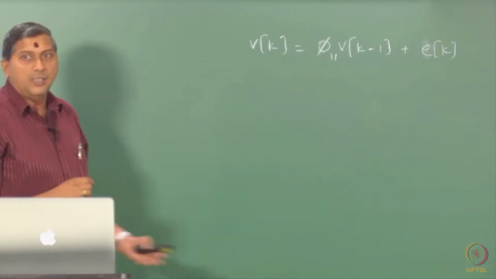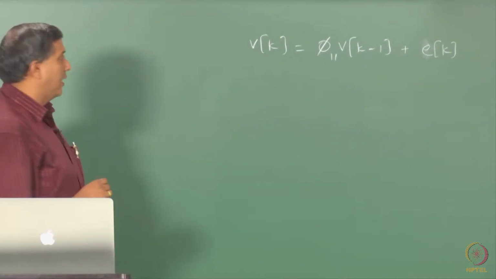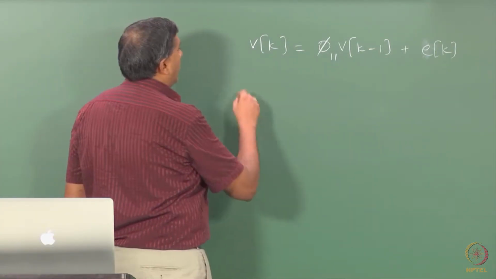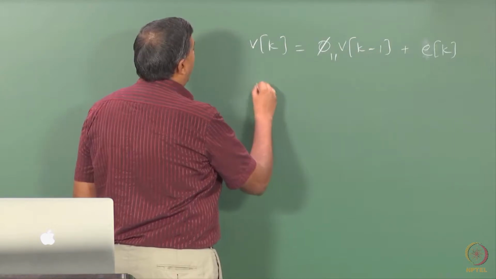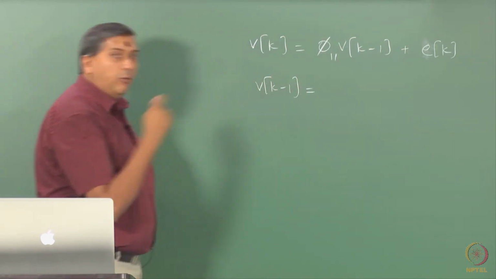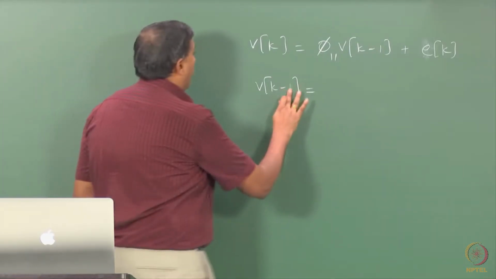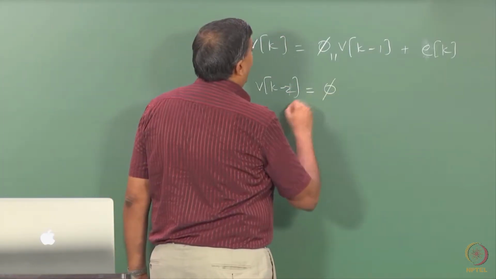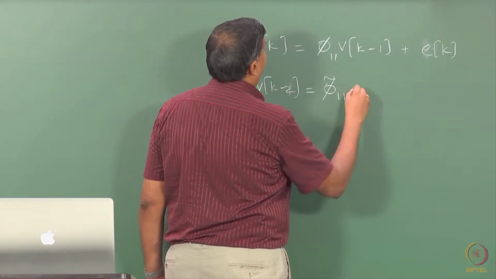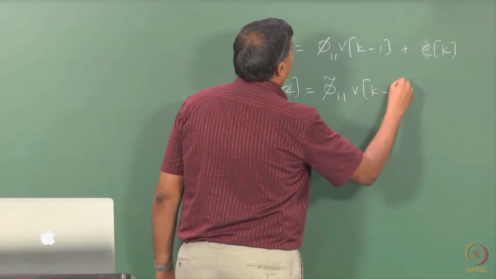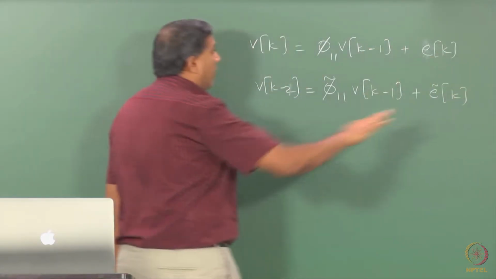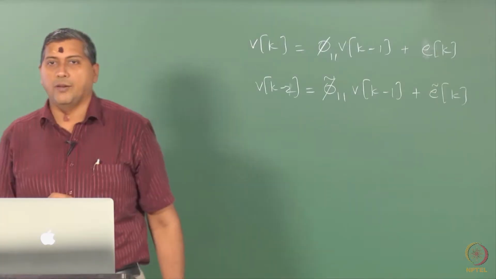One has to test later on whether indeed this is the case. So, we fit an AR(1) model for the forward model, and we also fit an AR(1) model backwards. Let us call this phi tilde 11 V(k-1) plus epsilon tilde k. This is not necessarily going to be correct, we will have to figure it out.